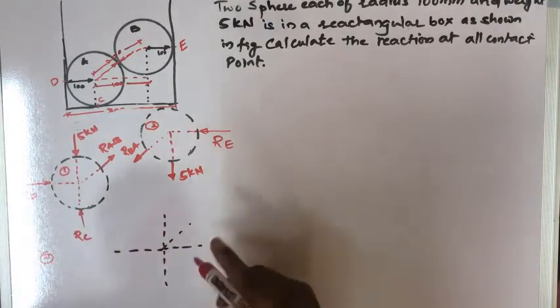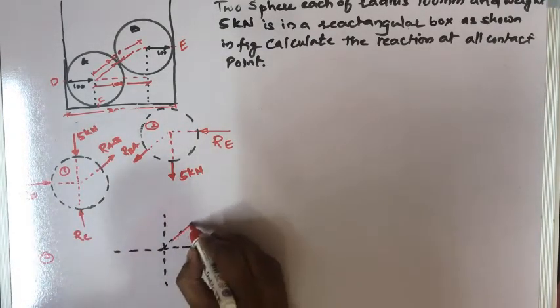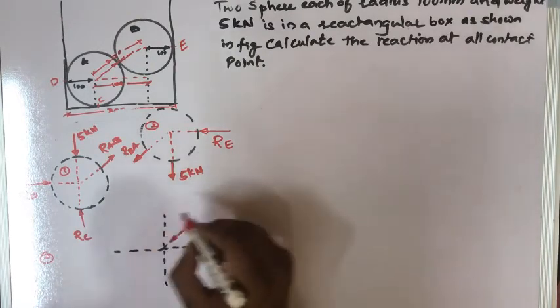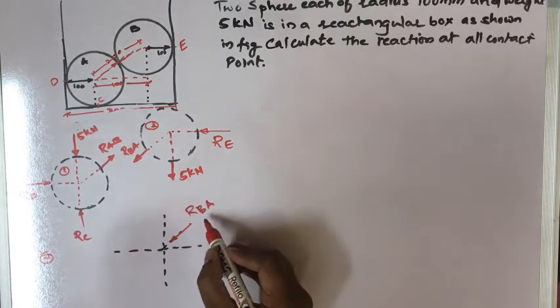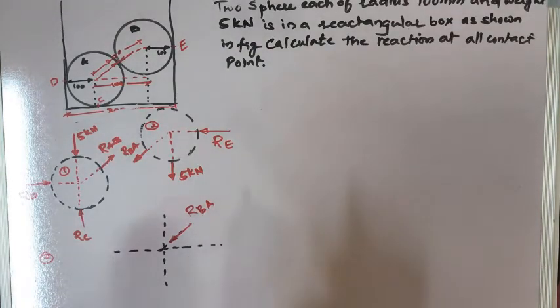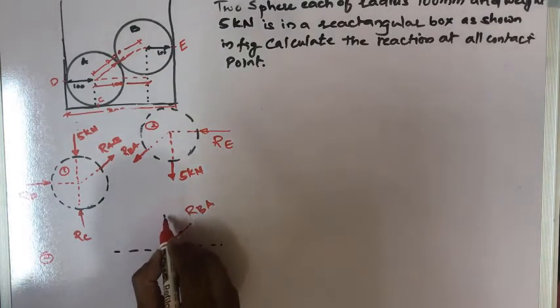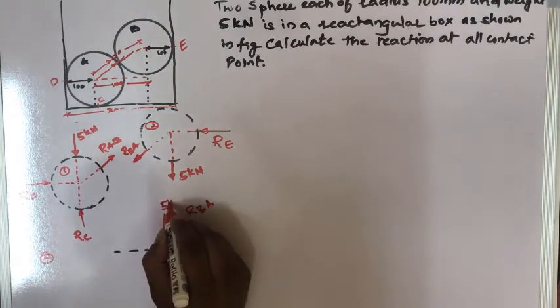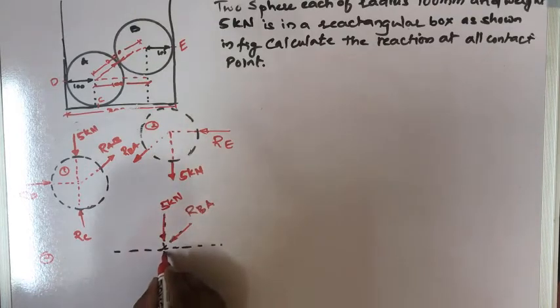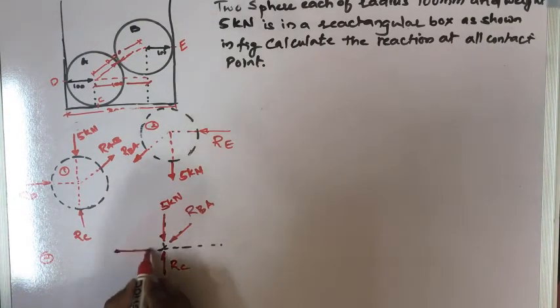There is one reaction produced by the second sphere, which is RBA, the reaction produced by sphere B on sphere A. Then there is a load of 5 kilonewton. Then there is a reaction RC, and a reaction RD.